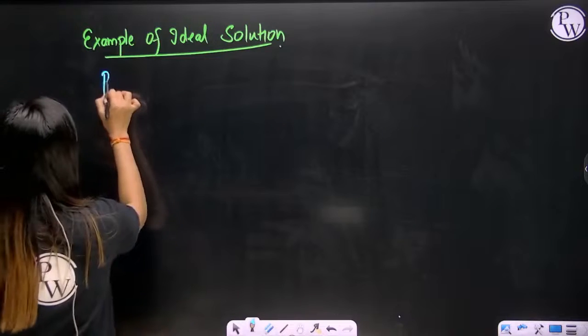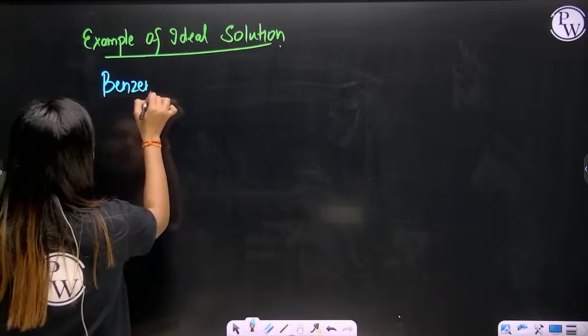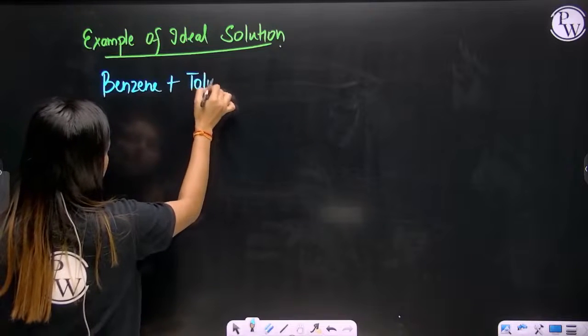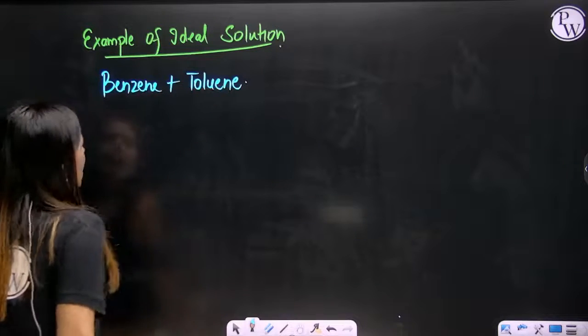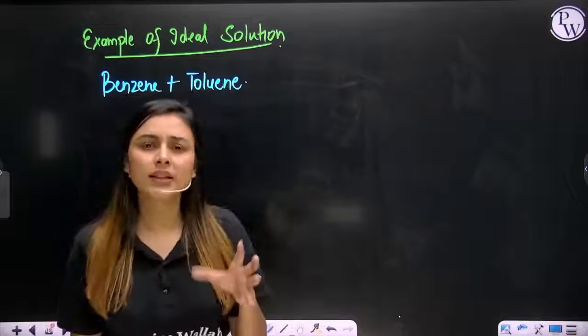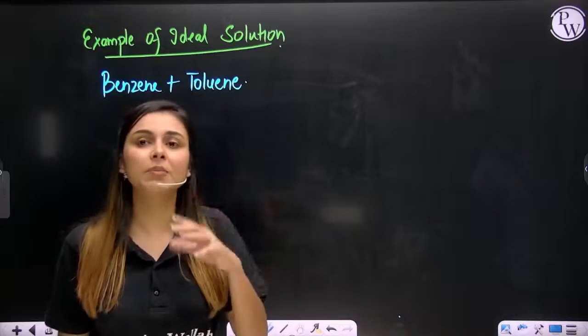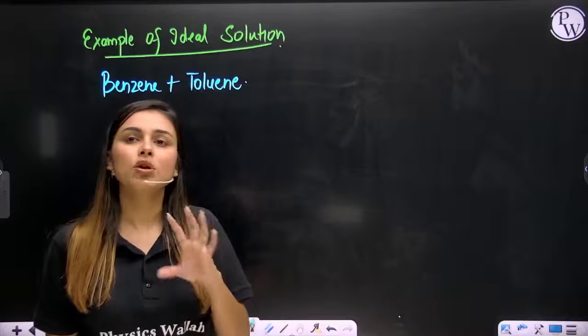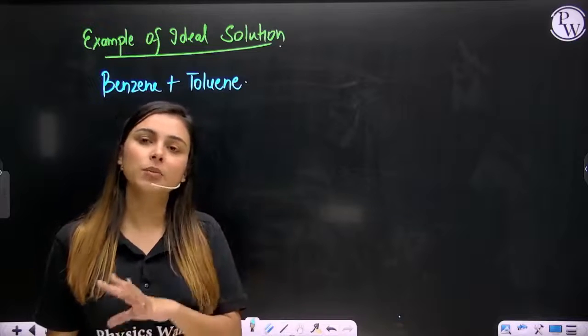This means that, for example, if you have a solution of benzene and toluene, they are nearly non-polar, they have weak van der Waal interactions and they behave ideally because their interactions are nearly equal before mixing and after mixing.